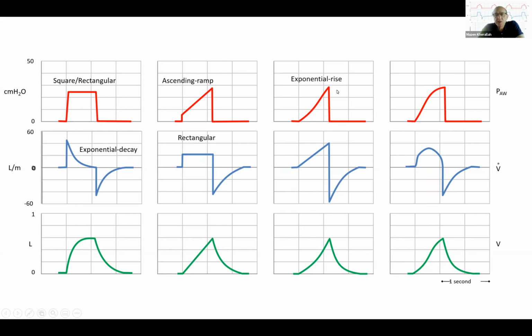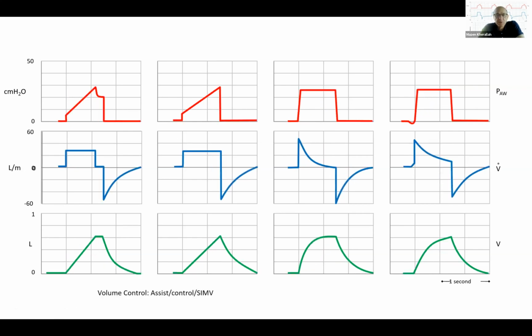This is exponential rise, and this is ascending ramp. And you can see exponential rise again here with sinusoidal. Exponential rise could actually be in two different formats: slow at the beginning and increased at a later phase, or fast at the beginning and then slows down.